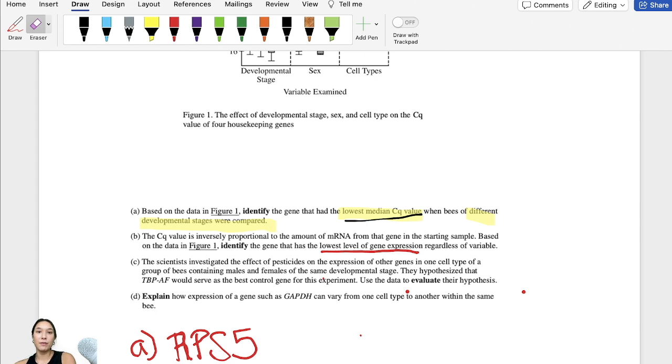So they are looking at the effect of pesticides in one cell type, so we're not using cell type as a variable, of a group of bees containing males and females. So we are comparing sex here, males versus females. They do have the same developmental stage. So that means that the only thing that's changing here is between males and females, okay? Developmental stage is the same, cell type is the same, you're only looking at sex.